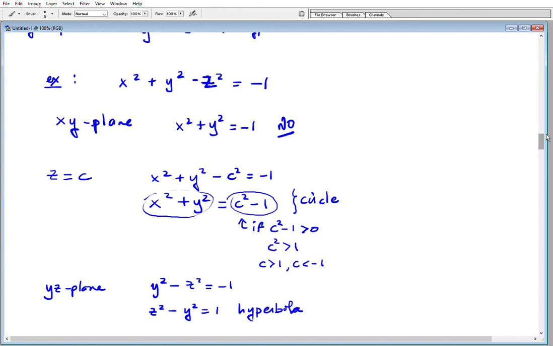All right, now we're ready to graph this. And if you're familiar with the shapes, it's easier to graph. If you've never seen these shapes, then it's more complicated.